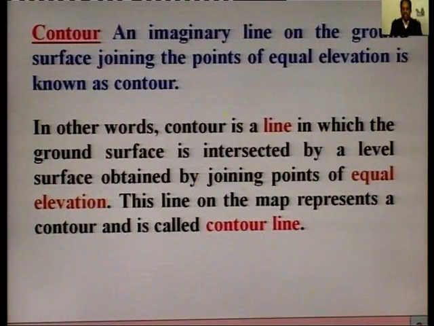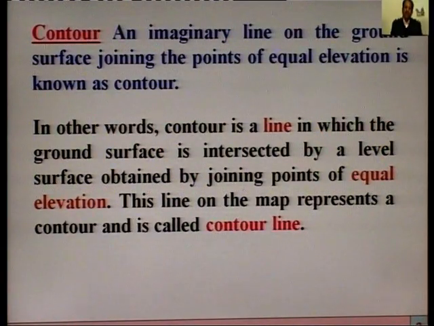Once again I repeat, an imaginary line on the ground surface joining the points of equal elevation is known as a contour or a contour line. In other words, a contour is a line in which the ground surface is intersected by a level surface obtained by joining points of equal elevation or reduced level.